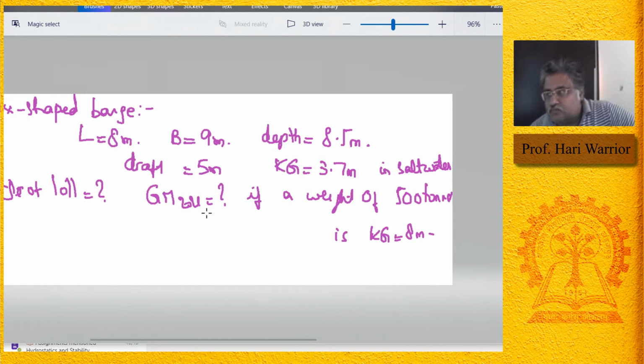Density of salt water into LBD. 1.025 tons per meter cube. That is the density of salt water, 1.025 tons per meter cube. So just tell me the value.